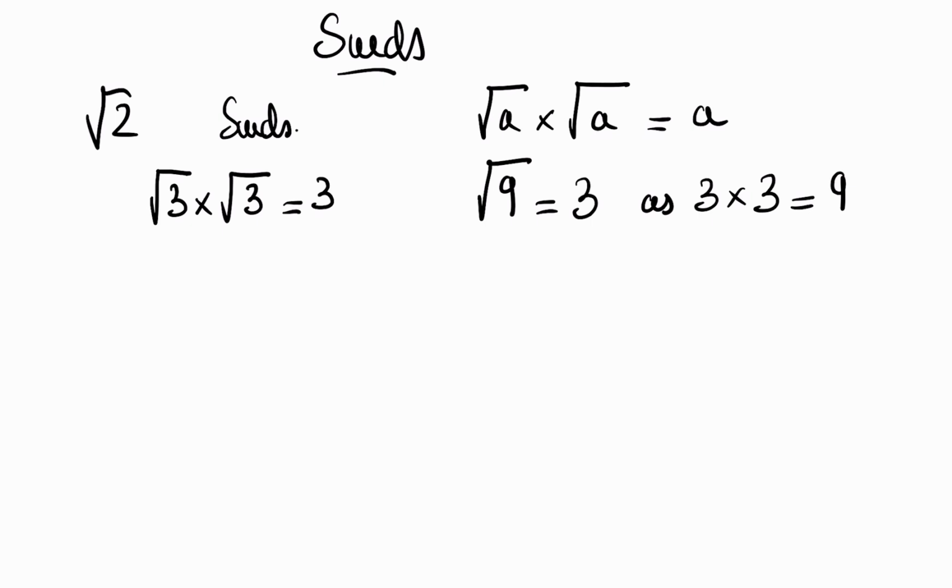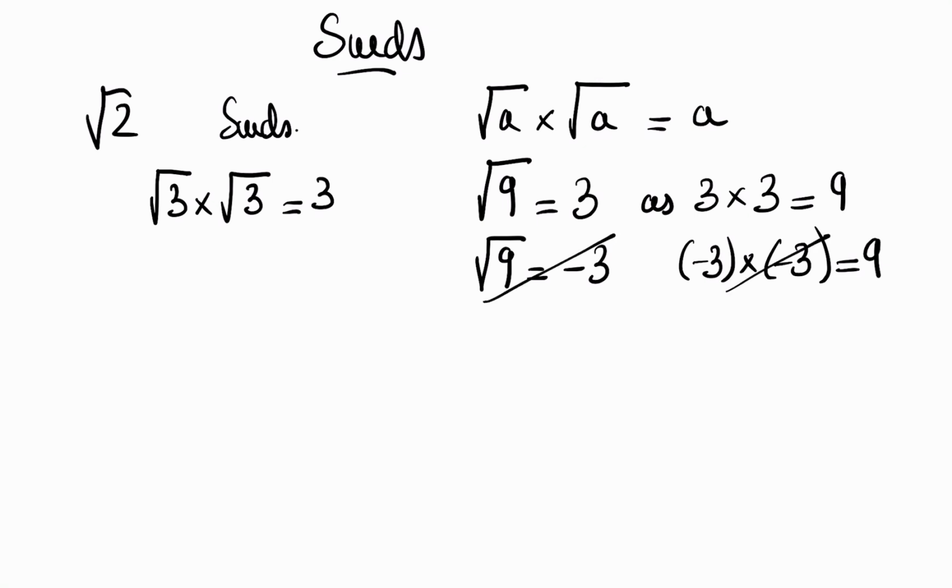But you're going to say, hang on, root 9 could also be equal to minus 3 because minus 3 times minus 3 is also equal to 9. But no, we have decided that the roots of numbers are always positive, so we don't look at the negative ones.